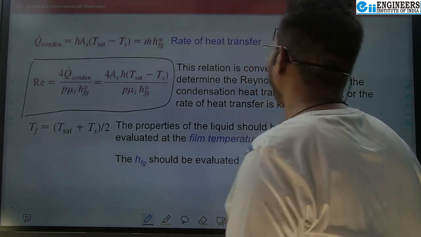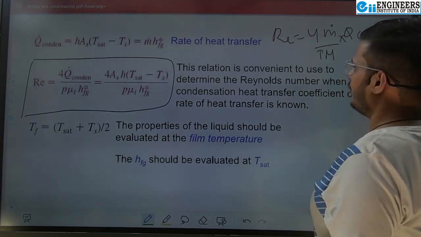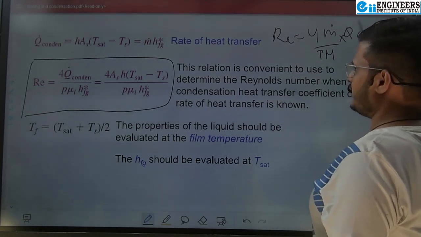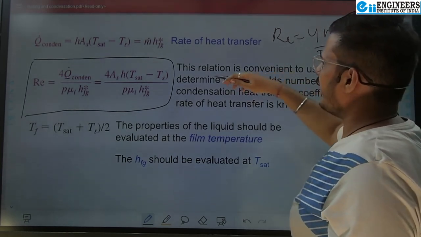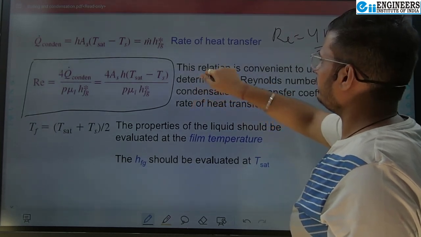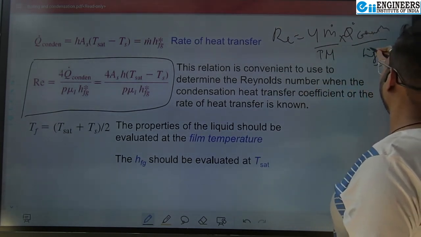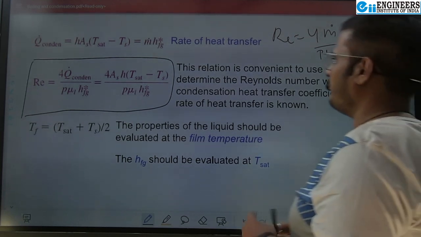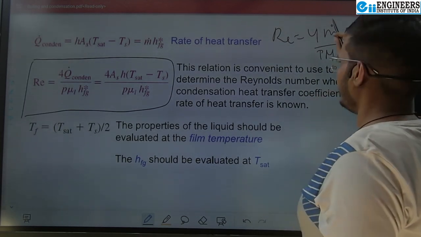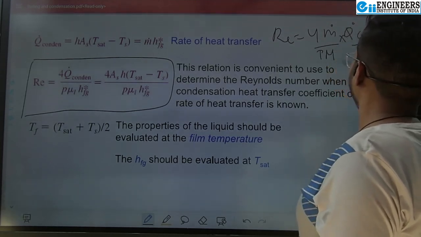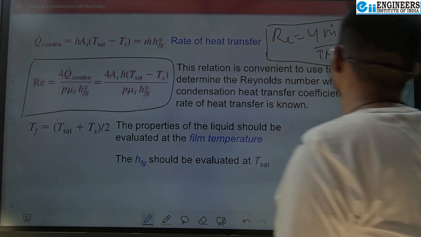It multiplied by Q condensation, the rate of heat transfer during condensation, divided by hfg star, the latent energy used here, into m dot. This m dot gets cancelled, and it is 4 Q condensation by P mu hfg star. So this is how this comes into the picture.